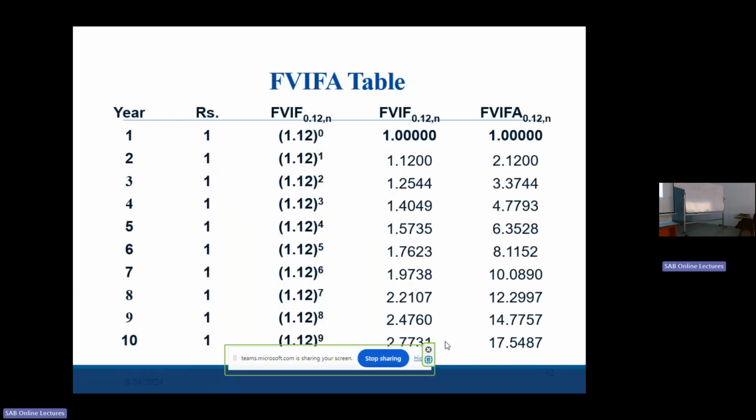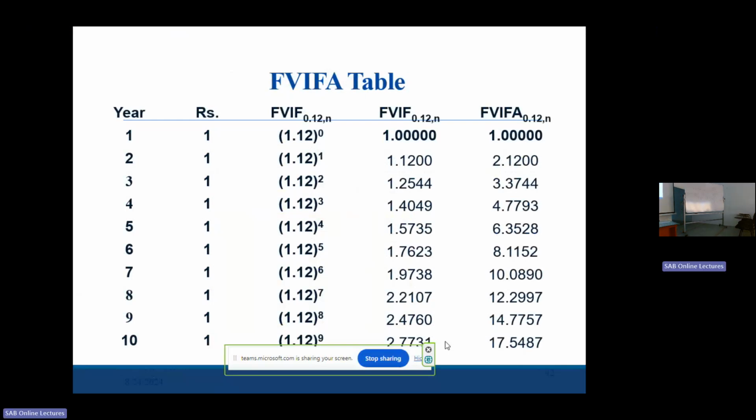The single factor, future value interest factor, is equal to 1 plus r to the power n. This you will not really forget. So in case you forget the annuity factor formula, you can work out the single factors quickly and get the sum. That is equal to the annuity factor.